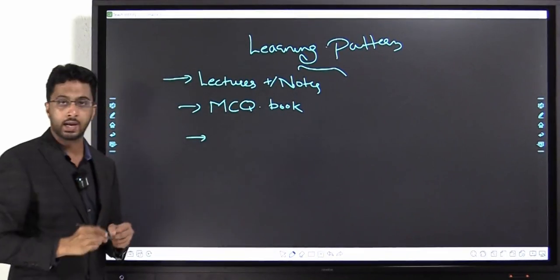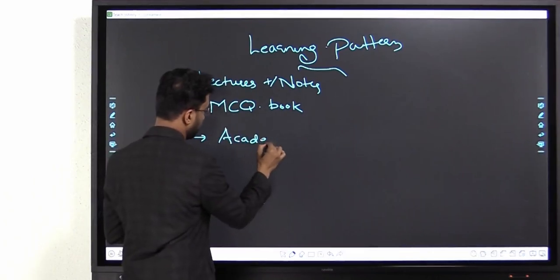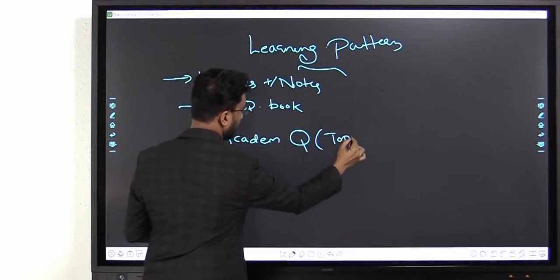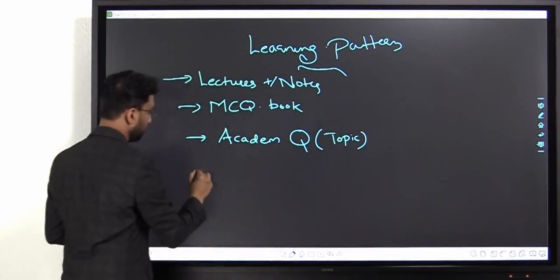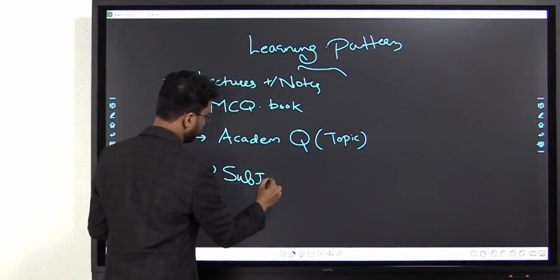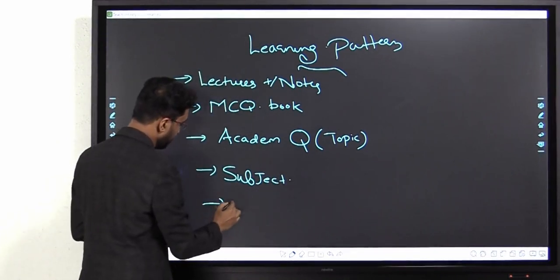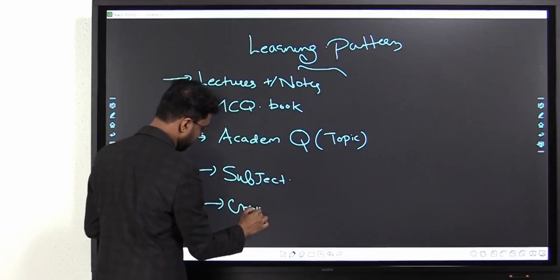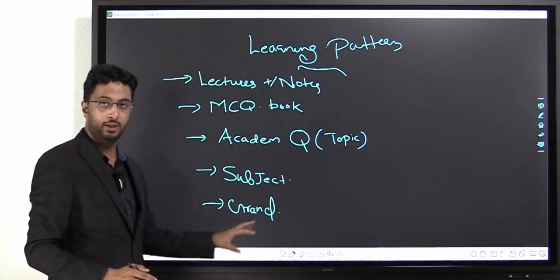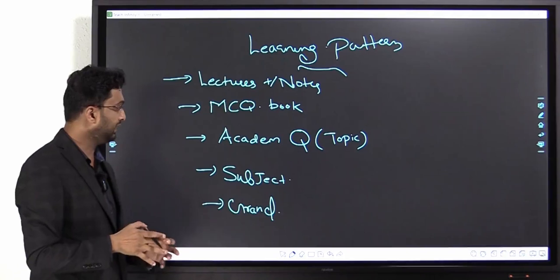Then you get the academy's topic wise questions. Then you get subject wise test papers by the academy. Then you get the grand test. It's not over, but this is the first phase. The second phase is going to be revision, a continuous revision strategy, which I'll tell you later on.